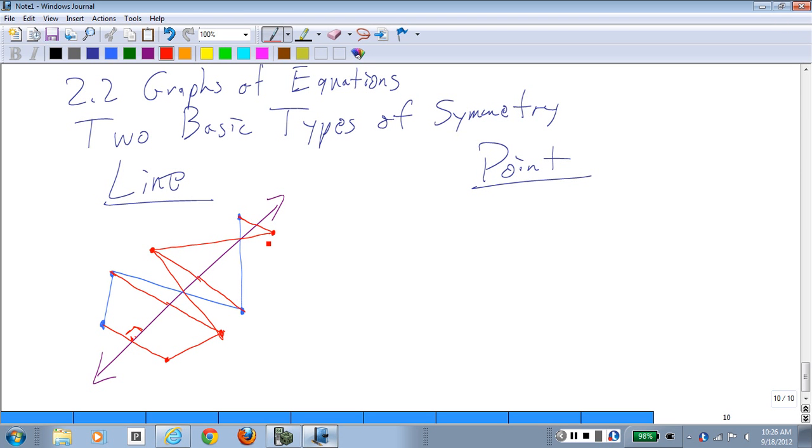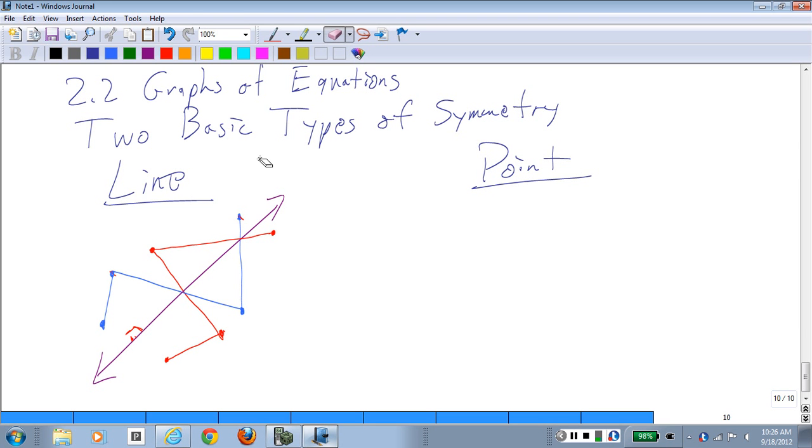What I really should do is erase these guidelines that I drew in order to find the images of those points, because they look like they're part of the graph because of the same color, but they're really not officially part of the graph.